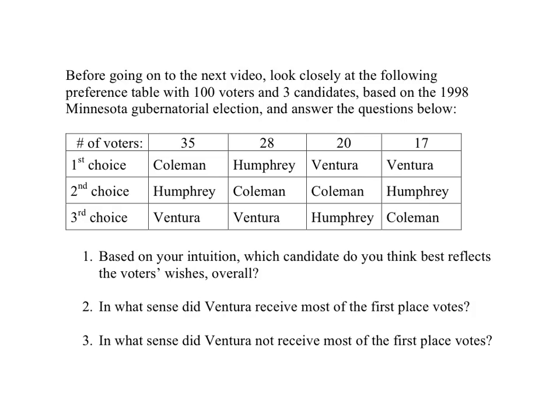That is not where they elect the biggest goober in the state. It is where they elect the governor of the state. Okay, and please answer the questions below. So based on your intuition, which candidate do you think best reflects the voters' wishes overall? Okay, I'm just asking here for your intuition. In what sense did Ventura receive most of the first place votes, and in what sense did Ventura not receive most of the first place votes?